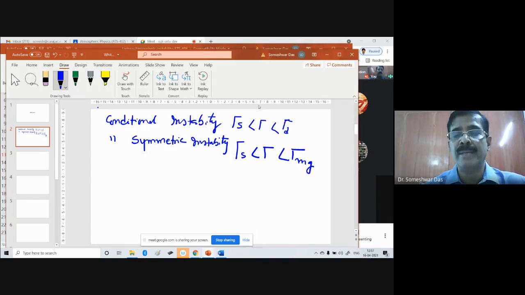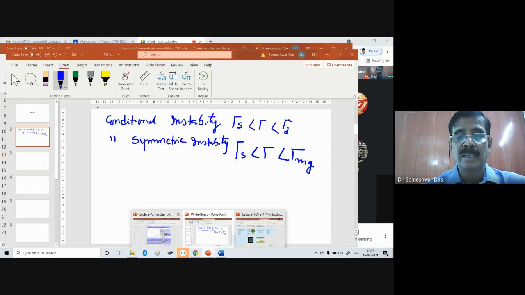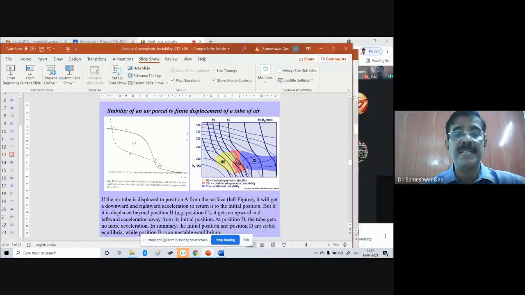I was trying to make it equivalent to understand properly. So in case of conditional symmetric instability, the stability depends upon the position of the parcel with respect to the isolines of dry static energy and the angular momentum surfaces. That is the conditional symmetric instability.